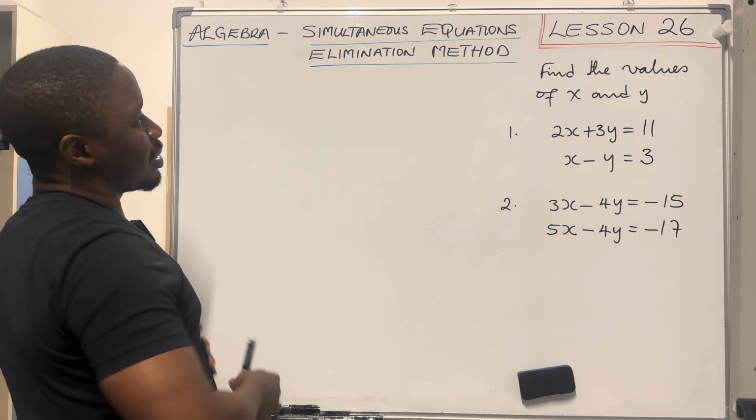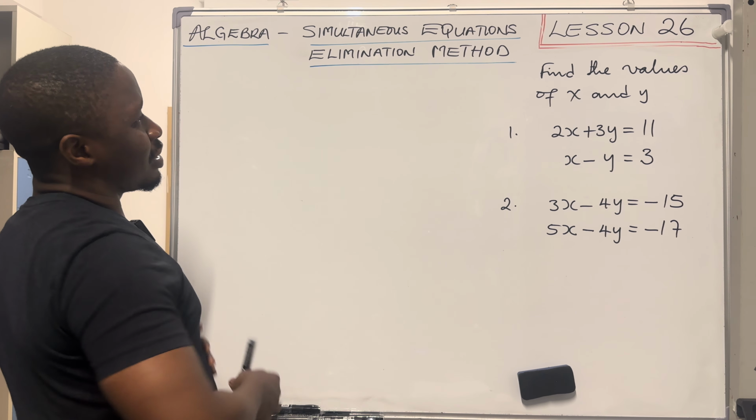What is next? The particular terms with equal coefficients, look at their signs, plus, minus, as to whether they are the same or they are different. If they are the same, what do we do? We subtract. If they are different, what do we do? We add.